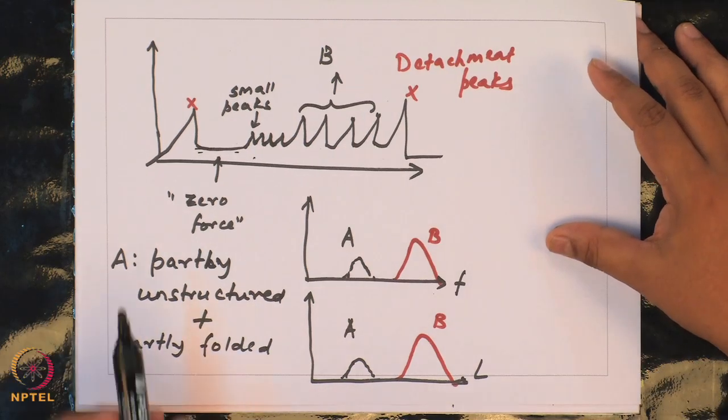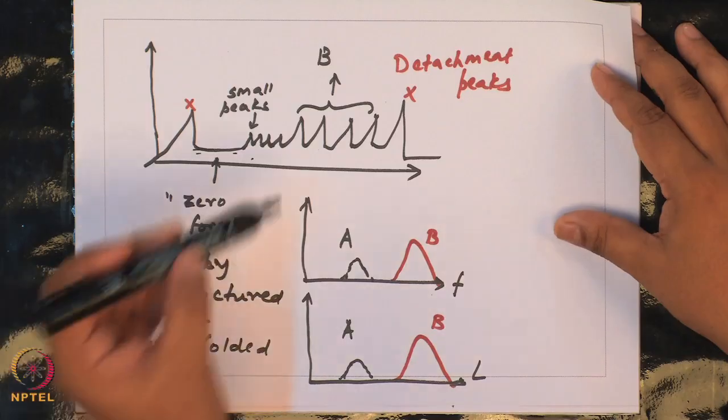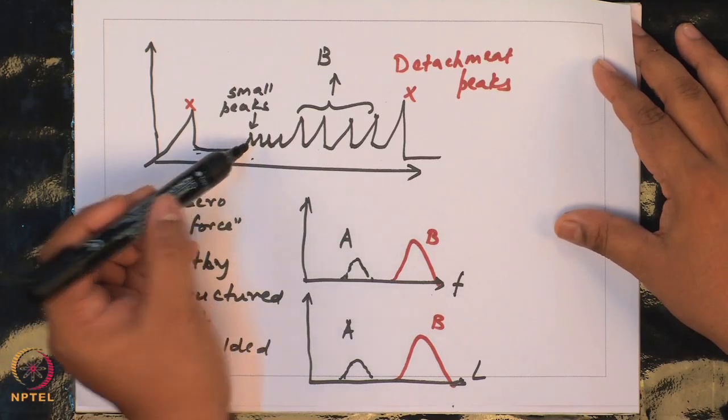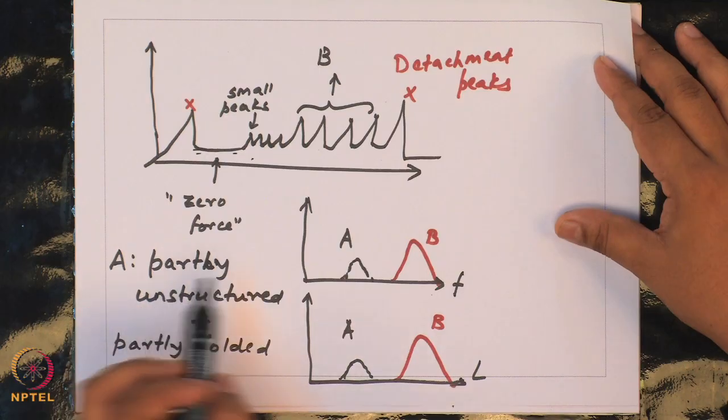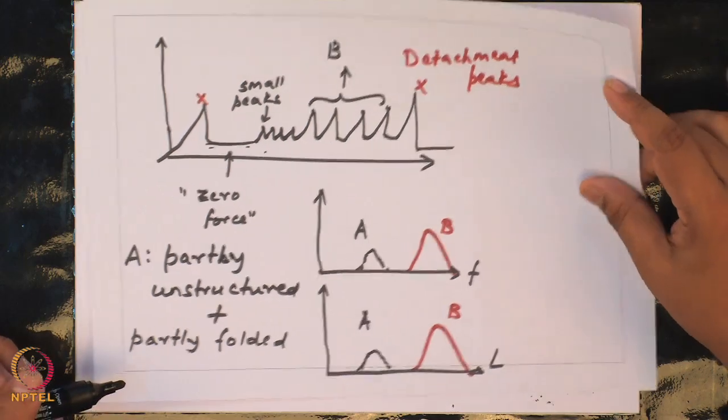So, it suggests that you have two zones of A, maybe one part of which does fold and that requires a smaller force to unfold, and another part of it which is unstructured. Okay. This might be another possibility. For the case, okay, for the case let us say A is known to be stable, okay, and you have B which is of course stable.